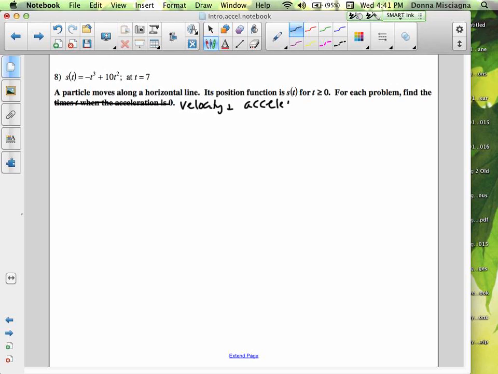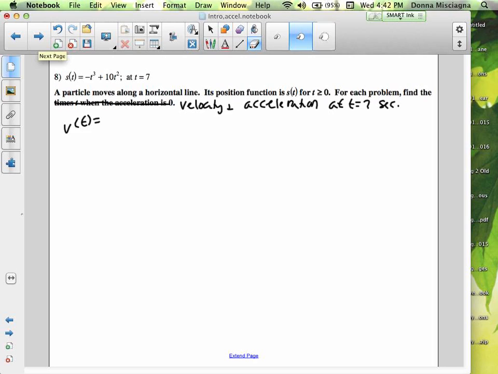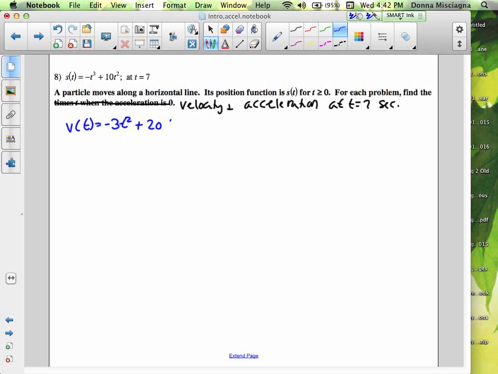Again, this is an easy problem. At t equals 7 seconds. All right, so we have v of t, which could be written a little nicer. V of t is negative 3t squared plus 20t.